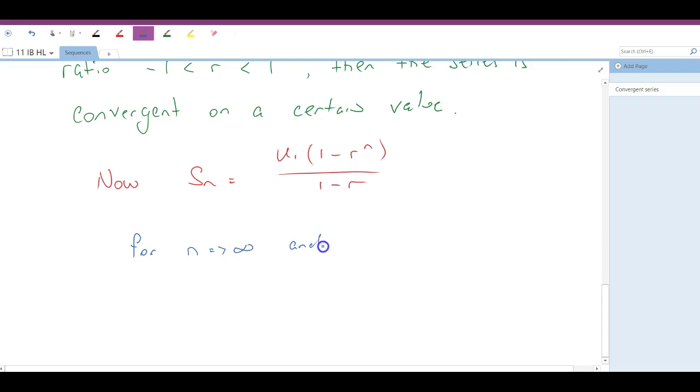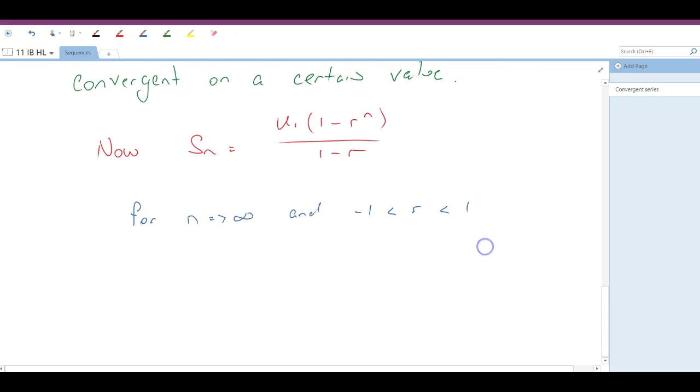And r between -1 and 1, what we're going to have is, n is equal to infinity, so the infinite sum will equal u1 times 1 minus, now this r to the n, let's think about this, r to the n, when r is a fractional value and n is infinitely large, that is going to go to 0 as a value.